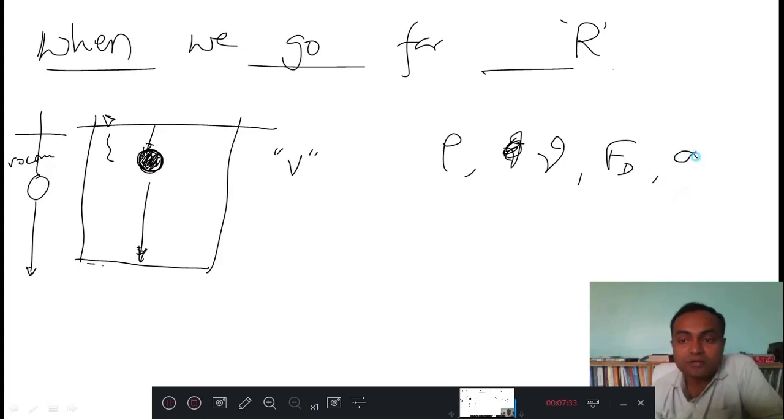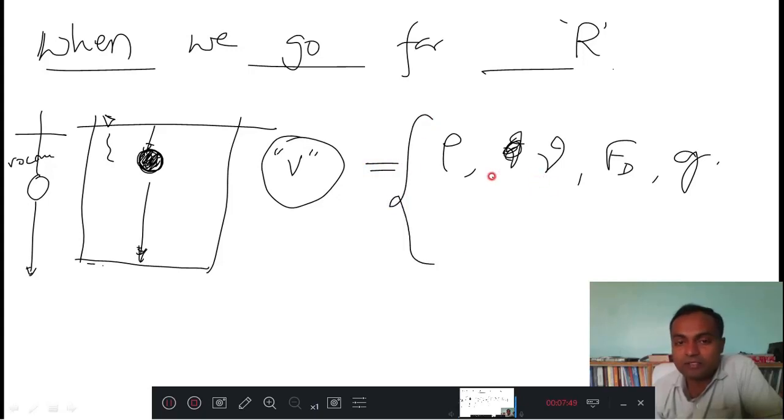Gravity is not resisting but supporting the movement. Like that, the velocity of the ball moving in the water depends on so many parameters, whether directly or inversely depending, we don't know, but they depend on these many parameters.